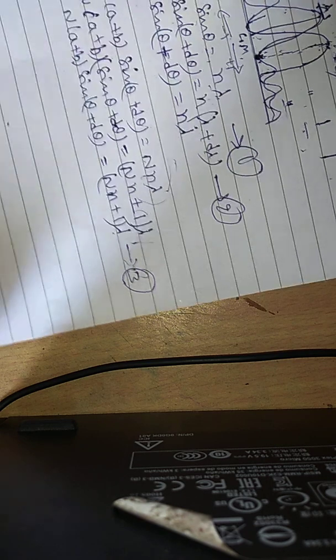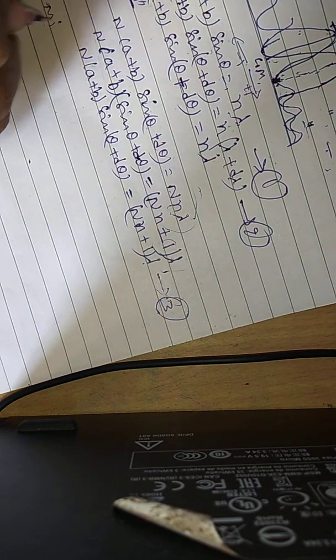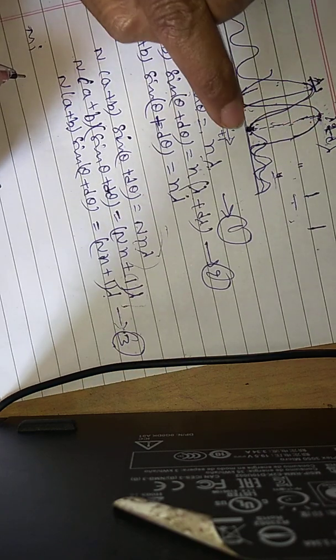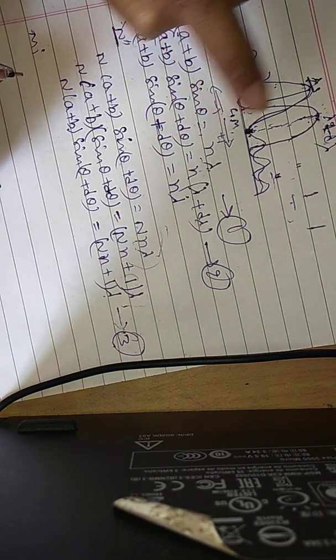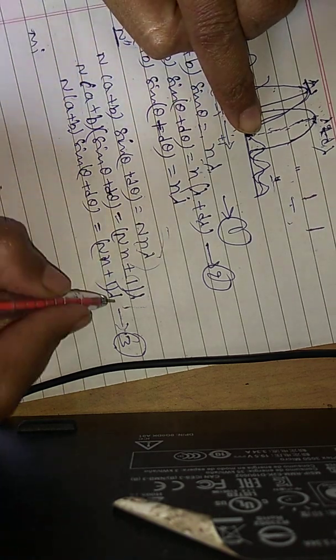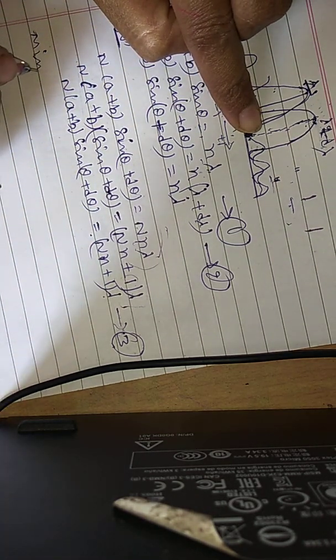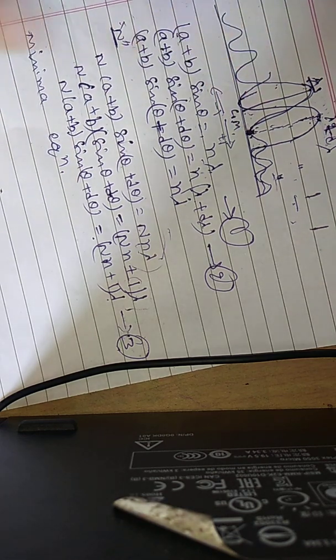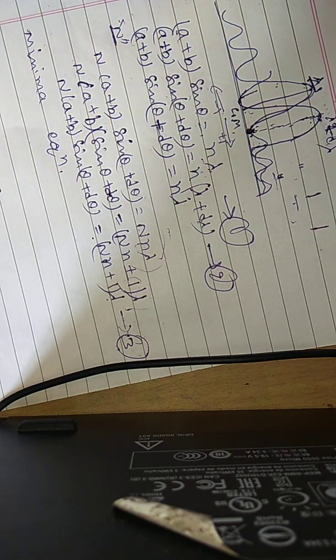This equation is for minima, that is, the central maxima for the second wavelength coincides with the first wavelength minima. Therefore it is a minima equation.